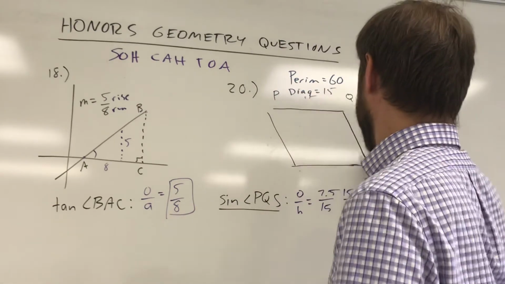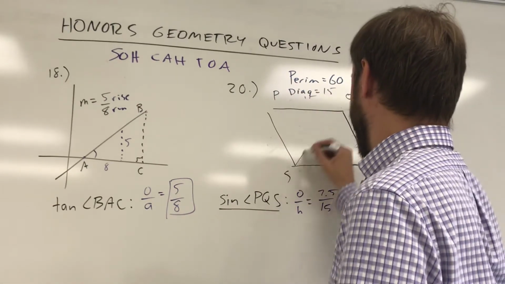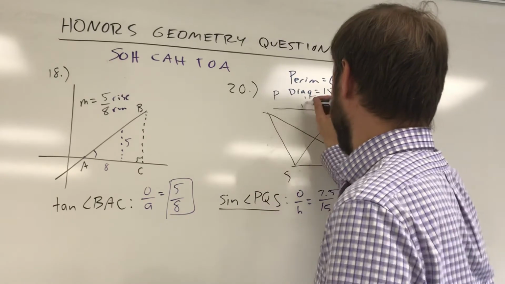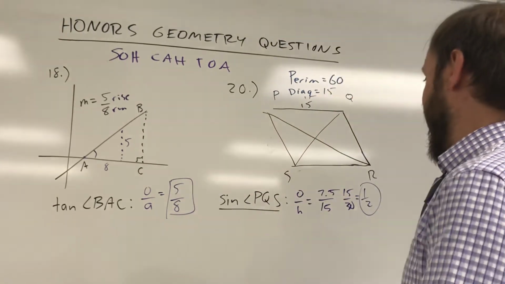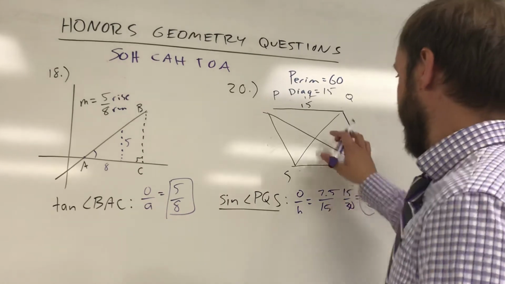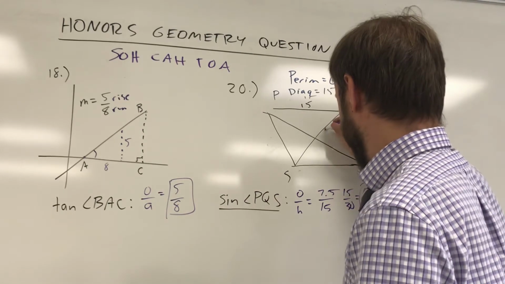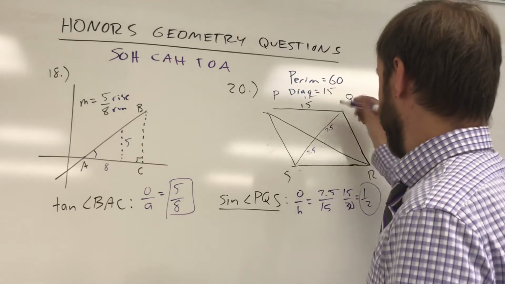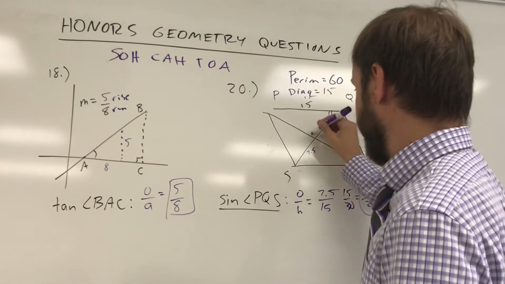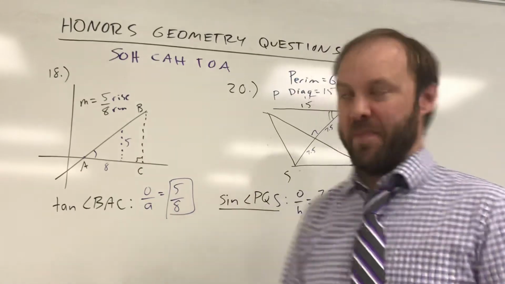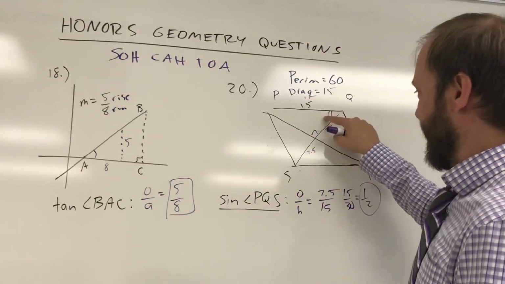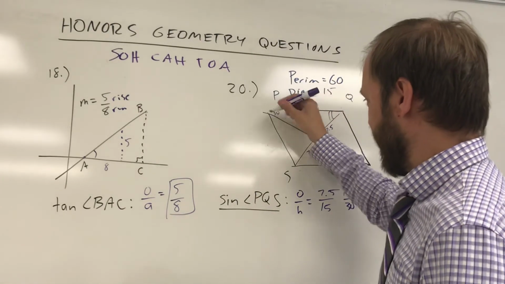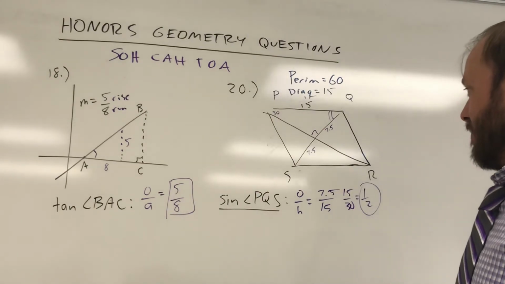So anyway, you've got P, Q, R and S, and we've got the diagonals in here, and we knew this side was 15, and this time we were going to make this diagonal the 15, okay? We got a 7.5. They wanted us to find the sine of PQS, and your right triangle's there. So that's a little better picture. Now you can see this looks a little more like a 60, that looks a little bit more like a 30, and you can kind of go from there.